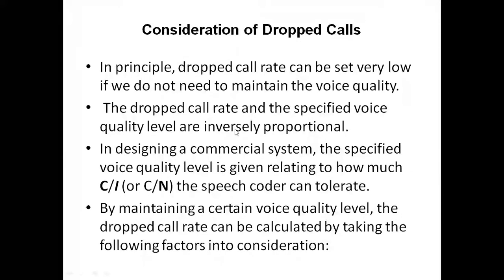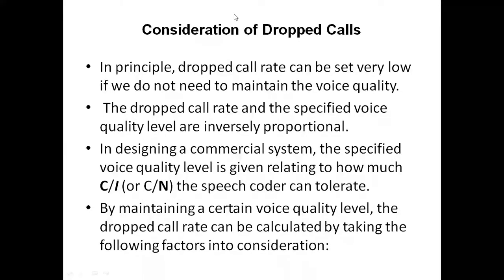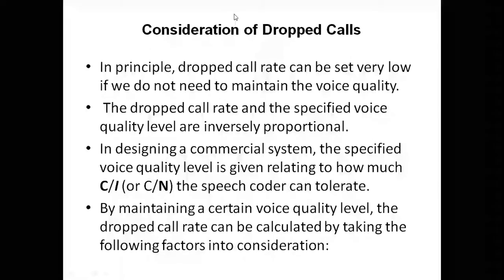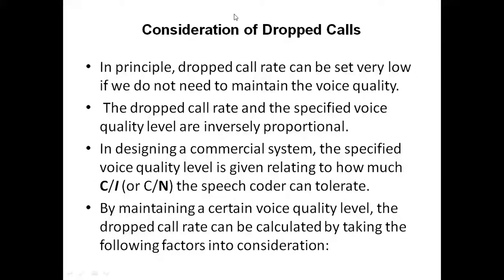So depending on that level, we can say that the voice quality is good or bad. Okay. So here, if we do not need some required voice quality level, then we can automatically lower the dropped call rate. So that means there is a relation between the voice quality and the dropped call rate. The dropped call rate and the specified voice quality level are inversely proportional to each other.